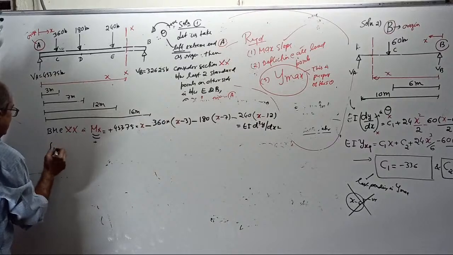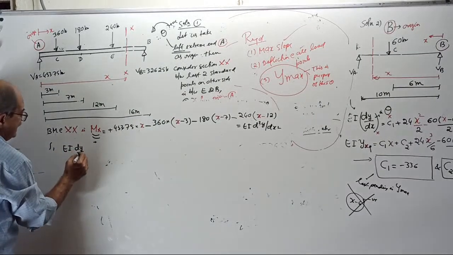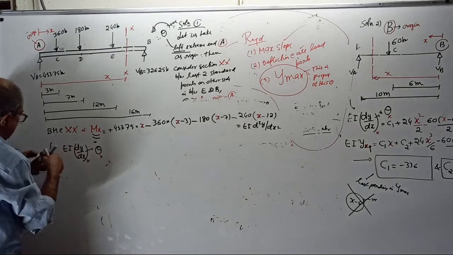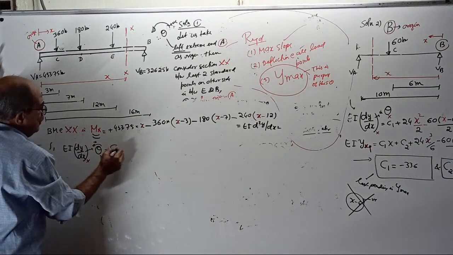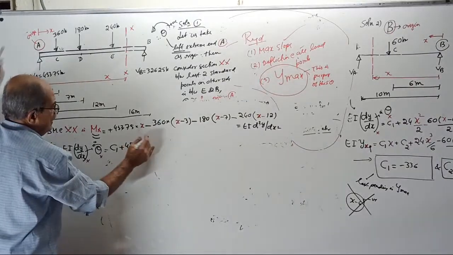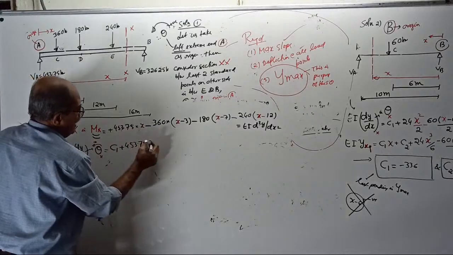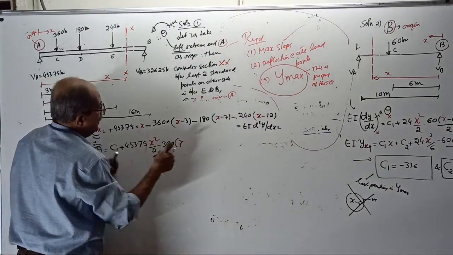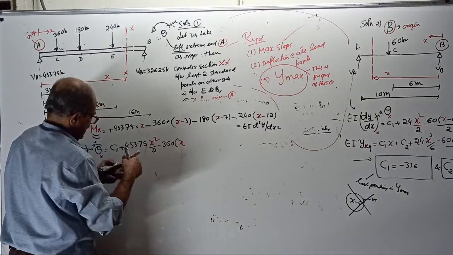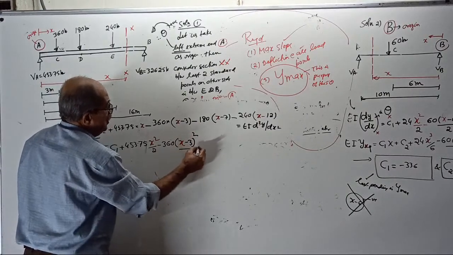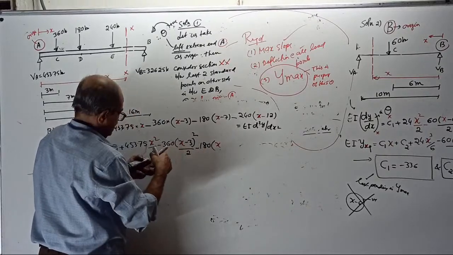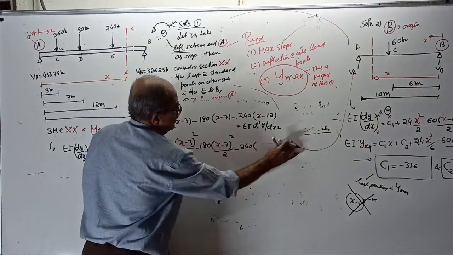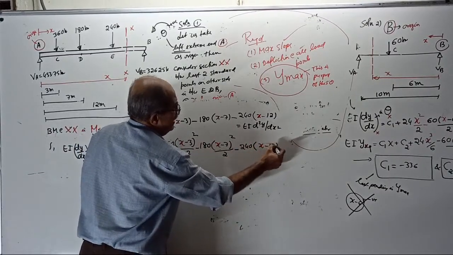Okay, now integrating, you get EI dy by dx at any point x, that is nothing but your slope theta at x in anti-clockwise direction, equal to C1 plus 453.75 times x square by 2, minus 360 into (x minus 3) whole square by 2, minus 180 into (x minus 7) whole square by 2, minus 240 into (x minus 12) whole square by 2.